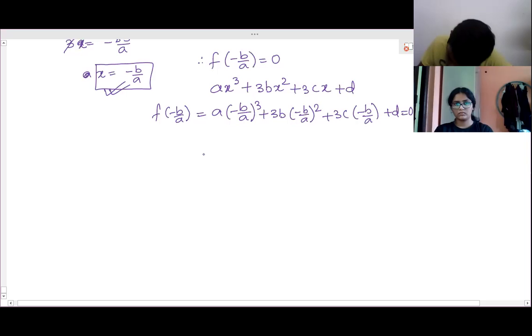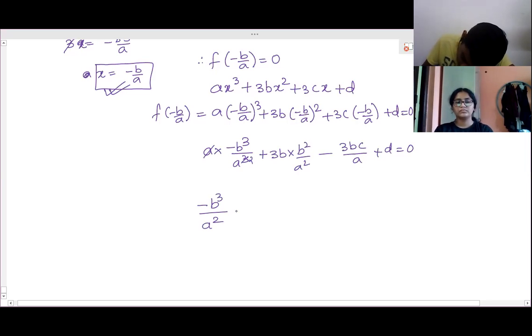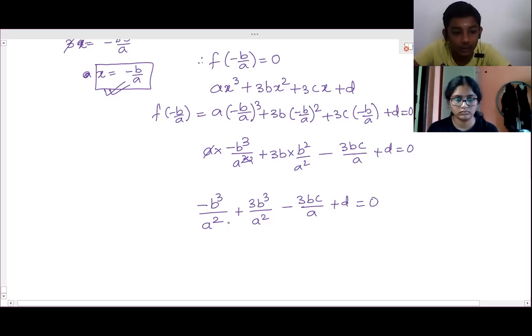Now simplify. a into minus b cube by a cube plus 3b into b square by a square minus 3bc by a plus d is equal to 0. So one a gets cancelled, left is a square. So minus b cube by a square plus 3b cube by a square minus 3bc by a plus d is equal to 0. Clear? Till this point clear?